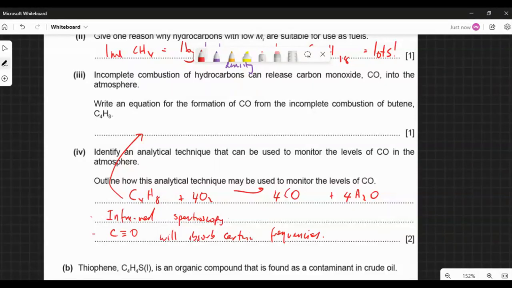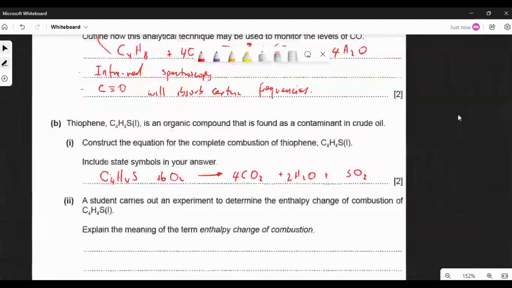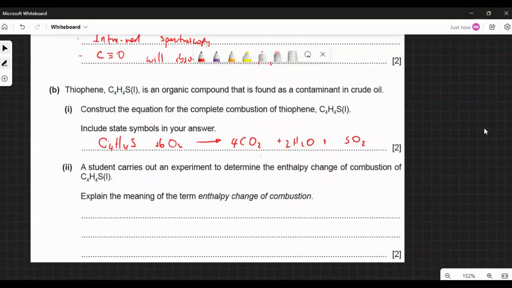So if I have a sample of air and I test it with infrared, if it doesn't absorb at that frequency, there's not much carbon monoxide. If it has a deep absorption at that frequency, it shows there's more carbon monoxide. Does that make sense? If you don't follow that, look it up and you can learn a little bit more about it.